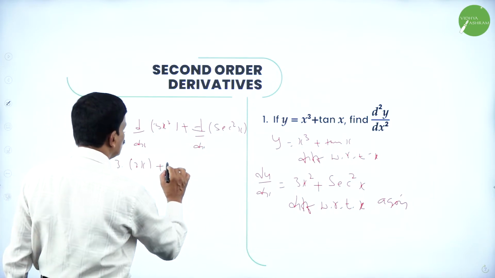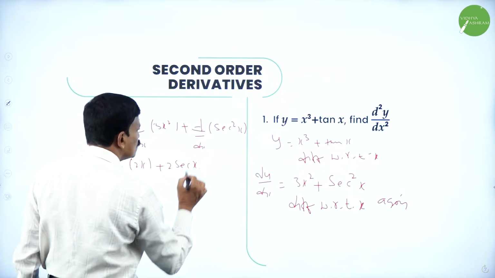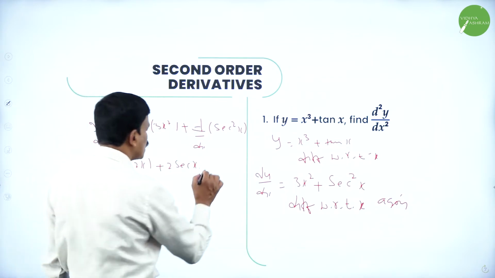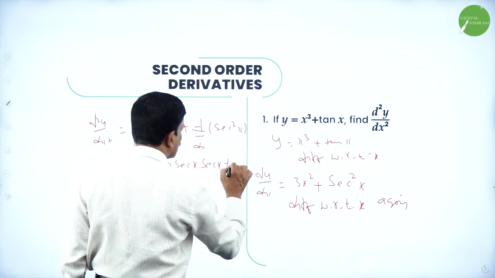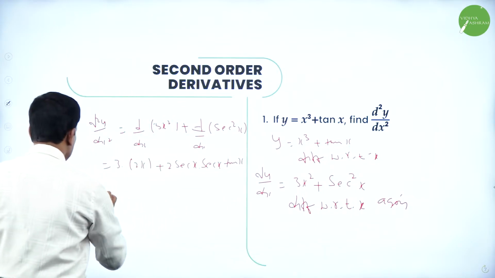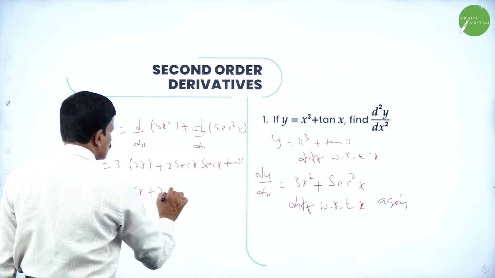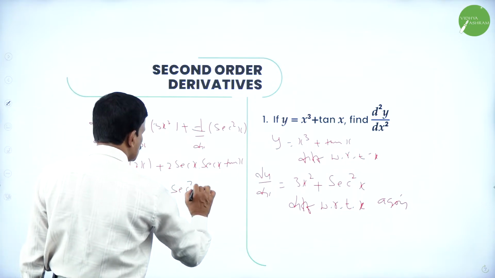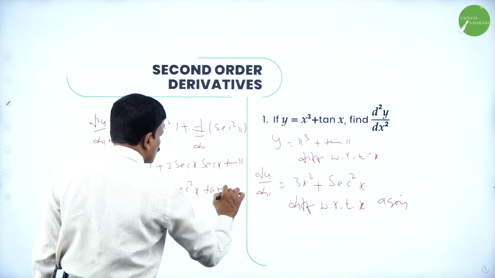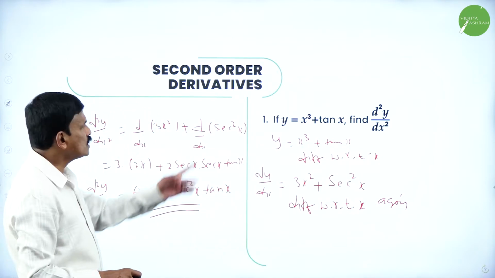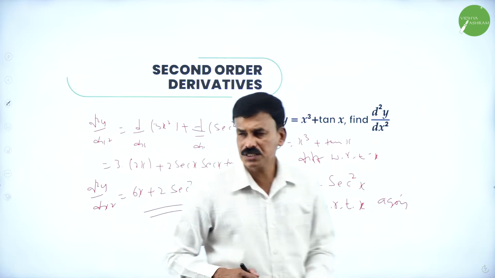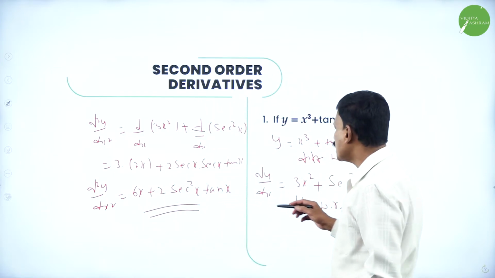What is n here? 2 secant x into differentiation of secant x, which is secant x tan x. So therefore the second derivative d square y by dx square is equal to 6x plus 2 secant into secant, which is secant square x into tan x, that's all. So the second derivative of x cube plus tan x is 6x plus 2 secant square x tan x.